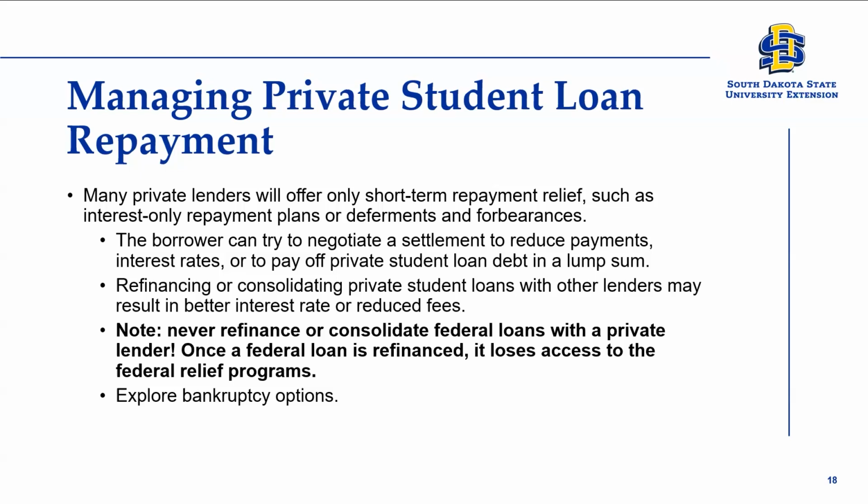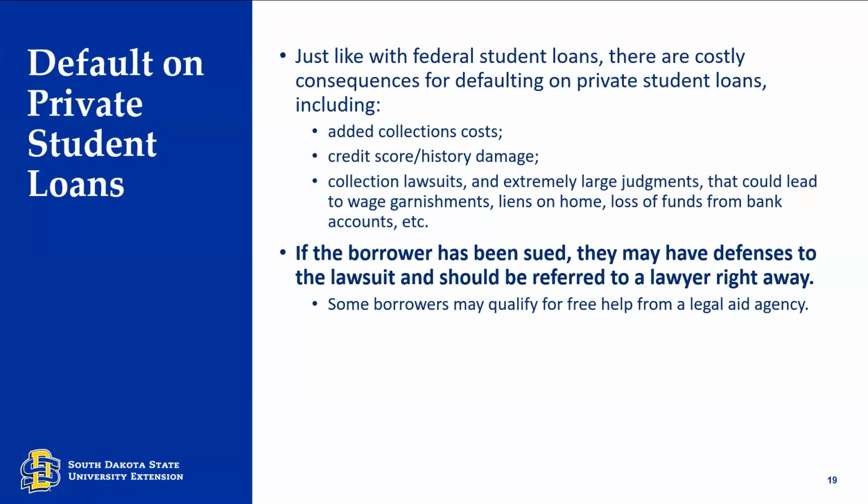Bankruptcy is pretty serious, with other types of consequences that are more impactful on a person's finances. If private loans do go into default, just like with federal loans, there are costly consequences: collection costs, damage to credit score and credit history, possible lawsuits or judgments, or garnishment of wages and those types of funds.